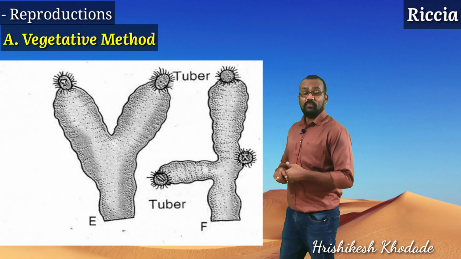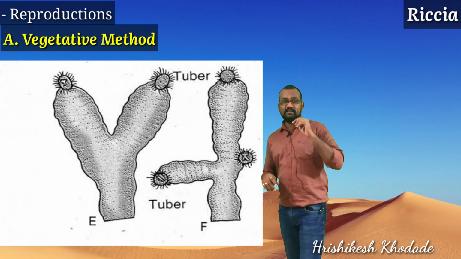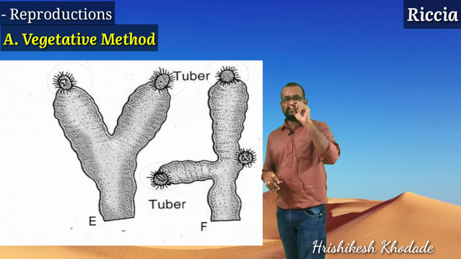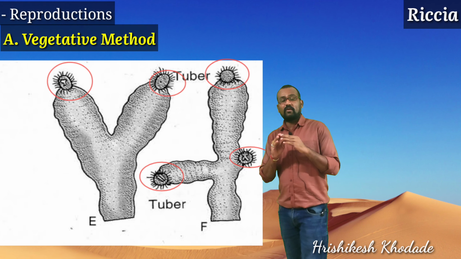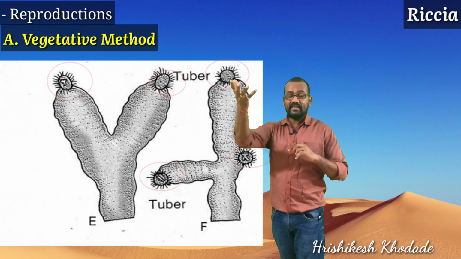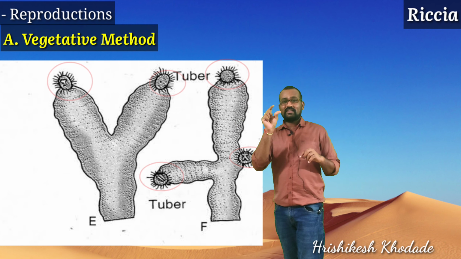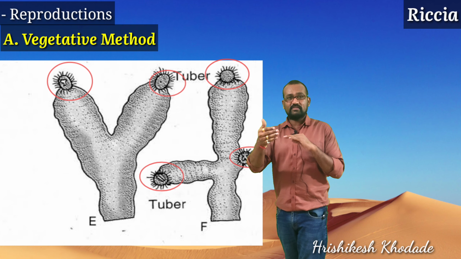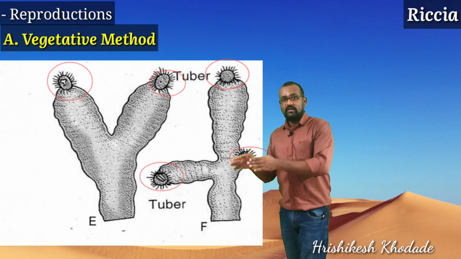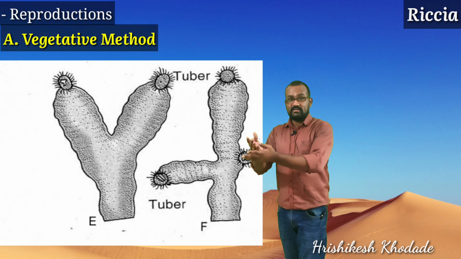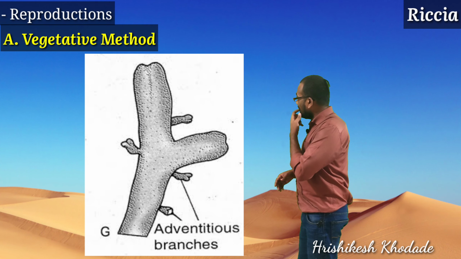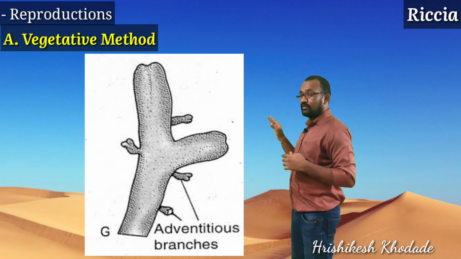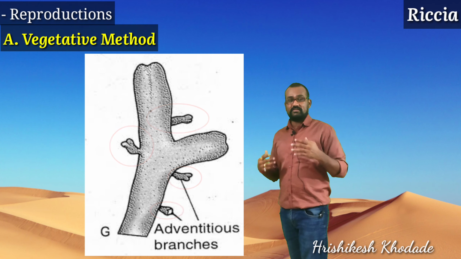In some cases, Riccia produces tuber-like structures on its thallus, which are capable of giving birth to the next generation. This tuber-like structure gets detached from the parent thallus and falls on the ground and gives rise to the new generation. In another method of vegetative reproduction, some Riccia produce adventitious branches.